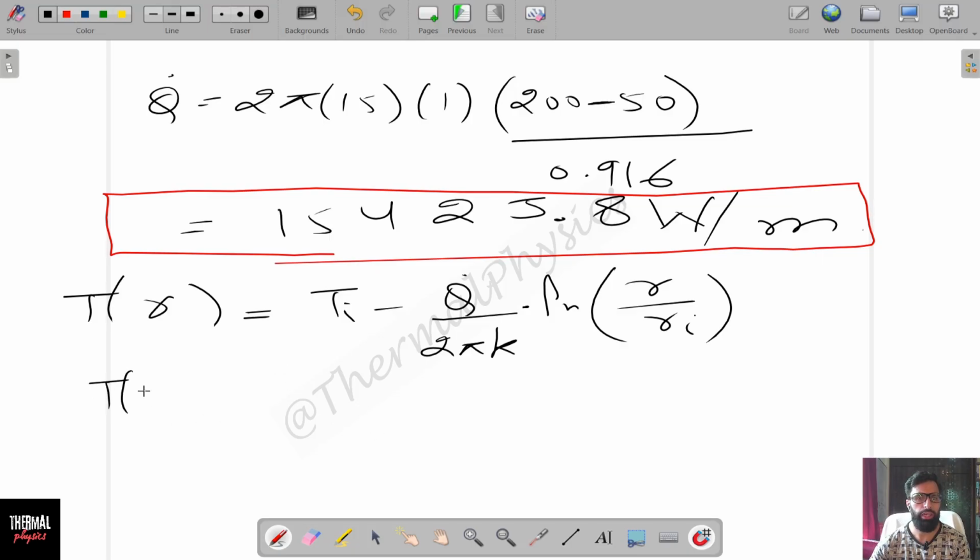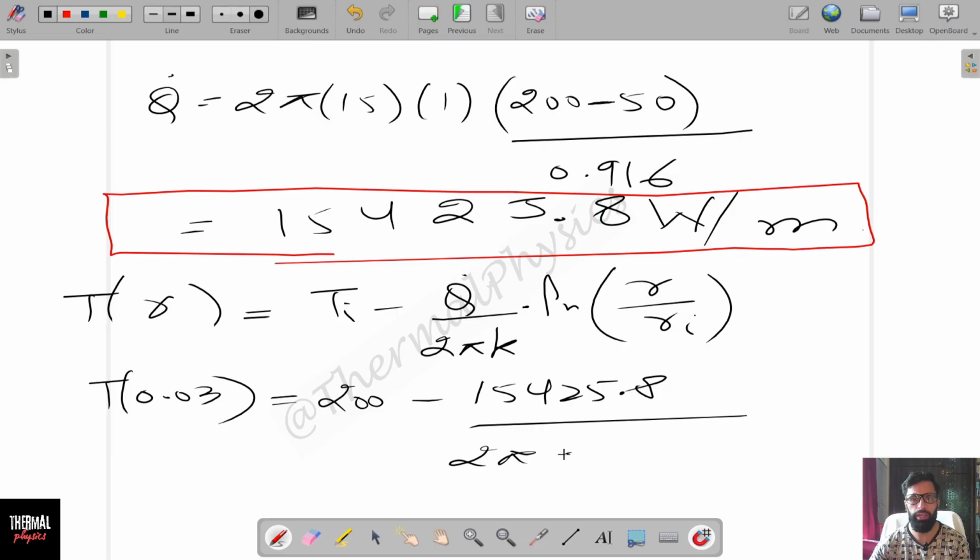So the temperature at a radius of 0.03 meter will be the inside temperature of 200 degrees Celsius minus Q dot, which we found is 1542.78, divided by 2 pi k, k is 15, times ln of r, where we have to find the temperature, 0.03, divided by the inner radius 0.02.